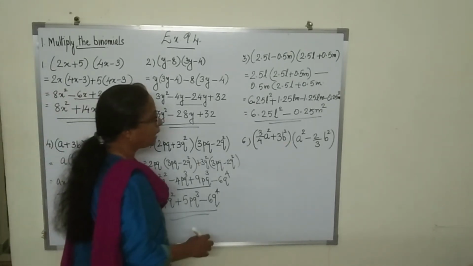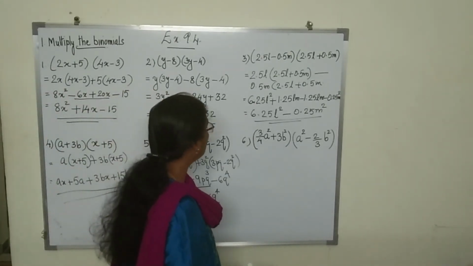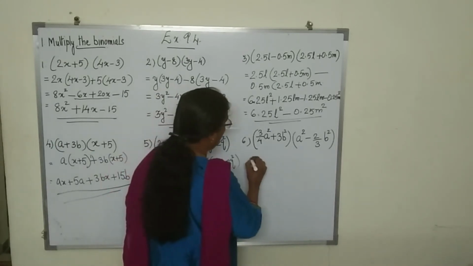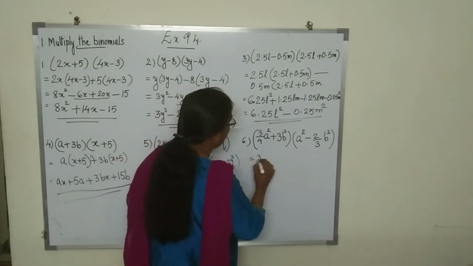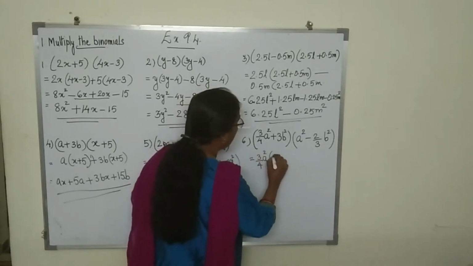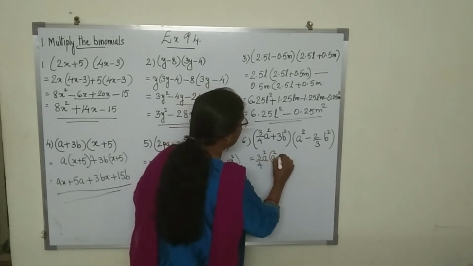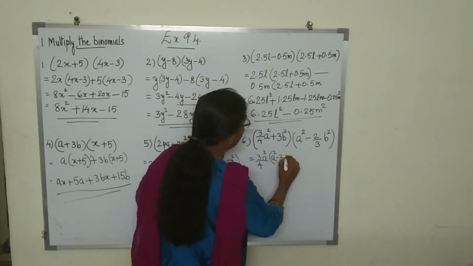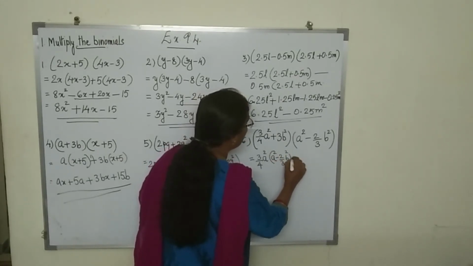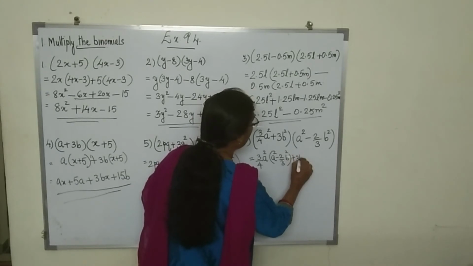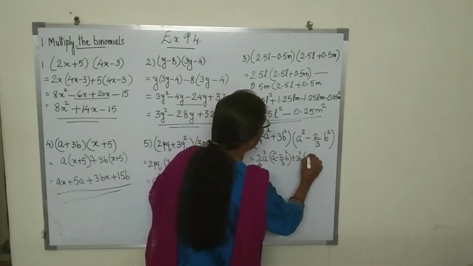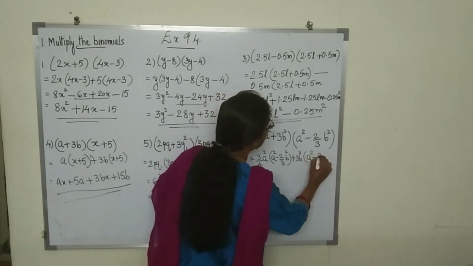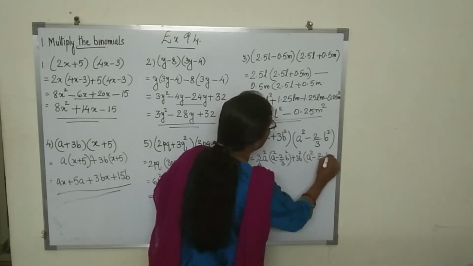And the last question is in fractions. So this is equal to 3 by 4 a square plus 3b square, multiplied by a square minus 2 by 3 b square.